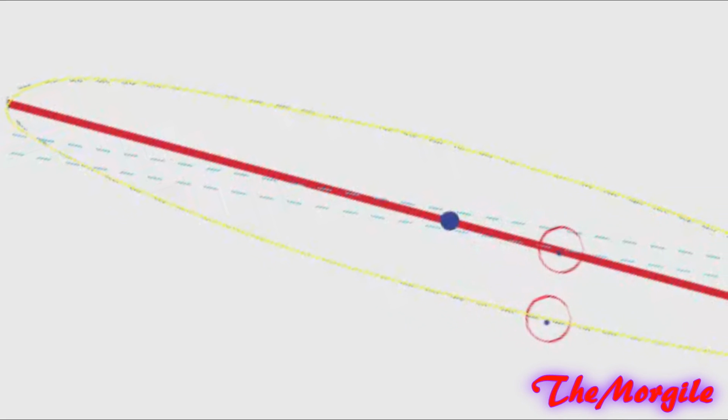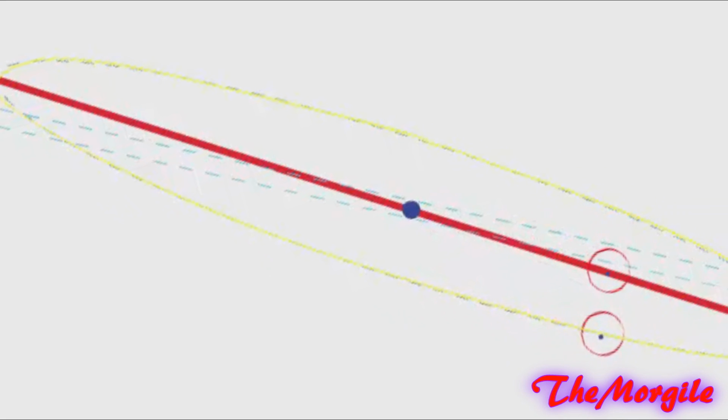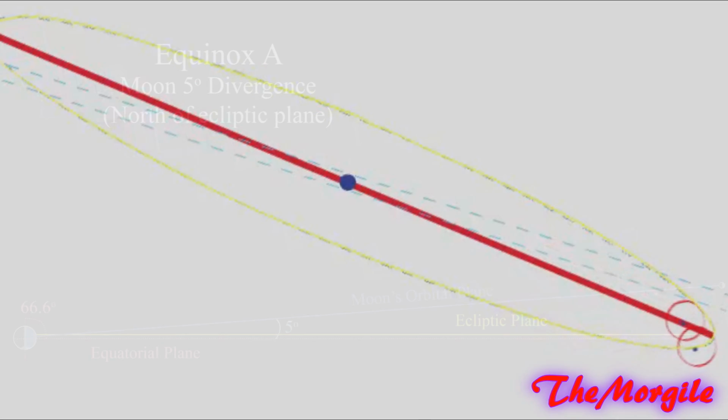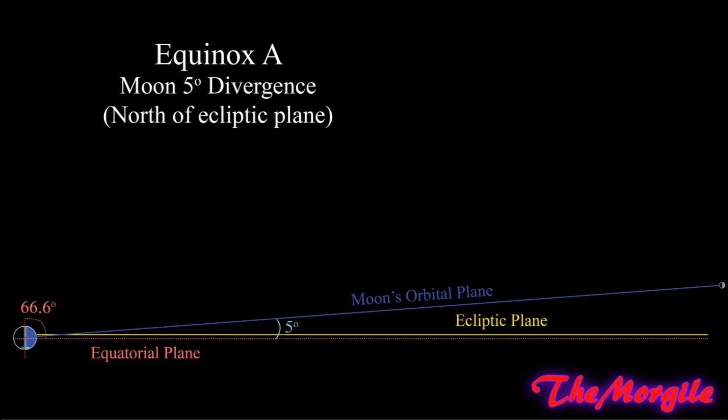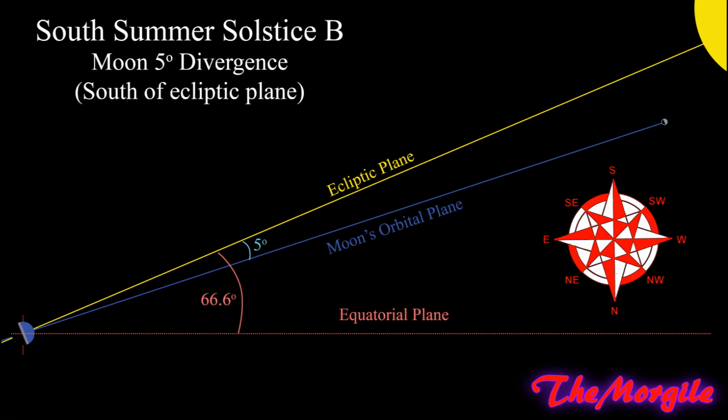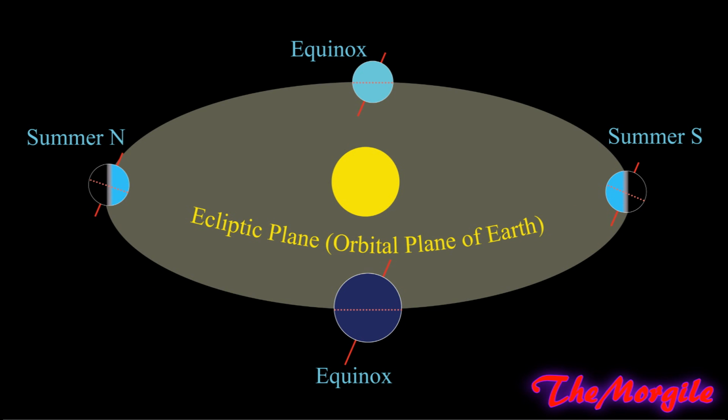But of course, they don't claim that the moon is divergent from the equatorial plane. However, that still wouldn't make any sense in the heliocentric model, as again, the equatorial plane is constantly changing its angle to the ecliptic plane, and the equatorial plane only aligns to the ecliptic plane twice per year during the equinoxes.